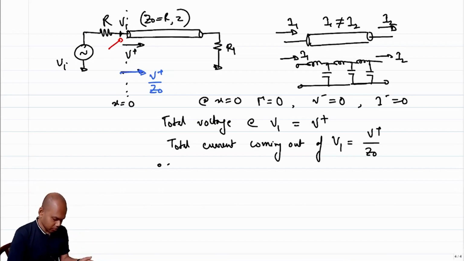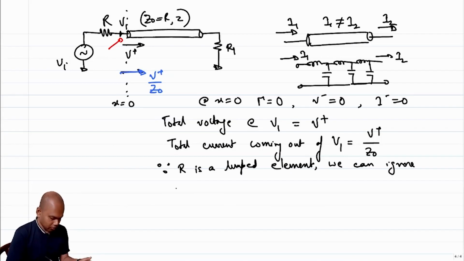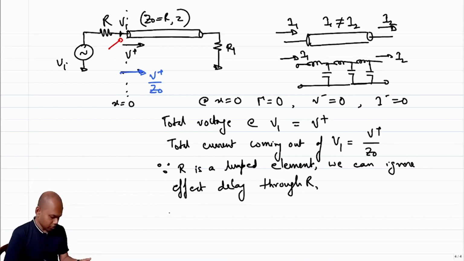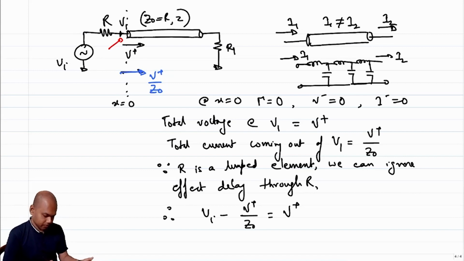So since R is a lumped element, we can ignore the effect of delay through R. Therefore, Vi minus IR, where IR is V plus by Z0 times R, should be equal to V plus.